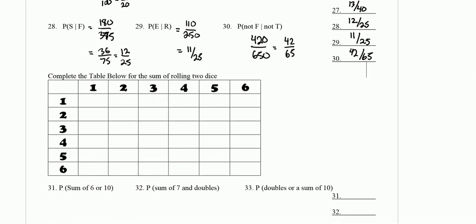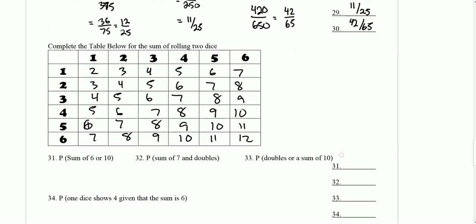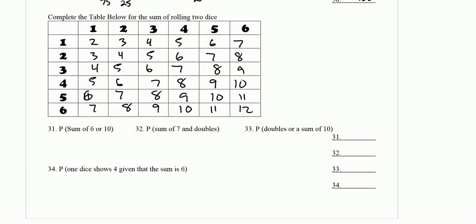Next, complete the table below for the sum of rolling 2 die. There's our dice. Alright, and then 31, we're finding the probability that we get a sum of 6 or 10.